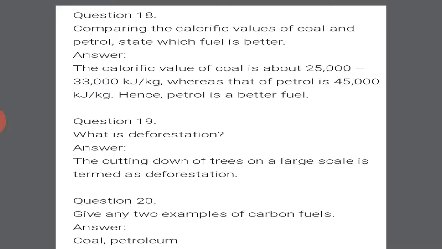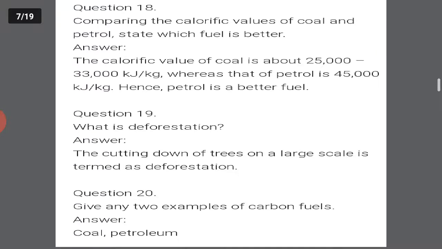The calorific value of coal is about 25,000 to 33,000 kilojoule per kilogram, whereas that of petrol is 45,000 kilojoule per kilogram. So by comparing these two, we can come to the conclusion that petrol is a better fuel.